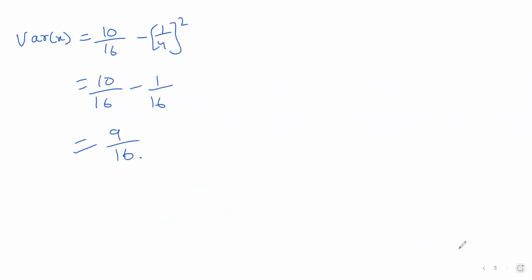Now let us go to the next sum, sum number 9. Sum number 9 is x: minus 2, minus 1, 0, 1, 2. Probability is 0.2, 0.3, 0.1, 0.15, 0.25.